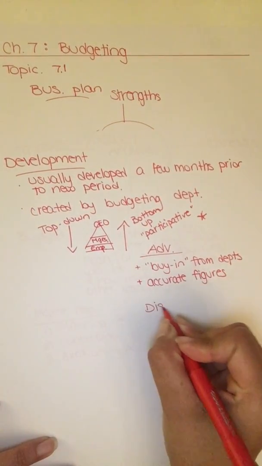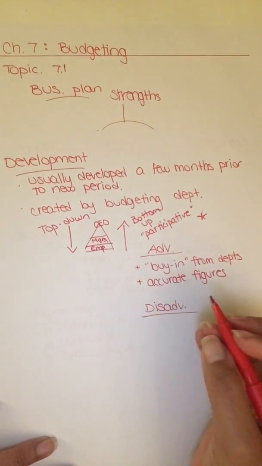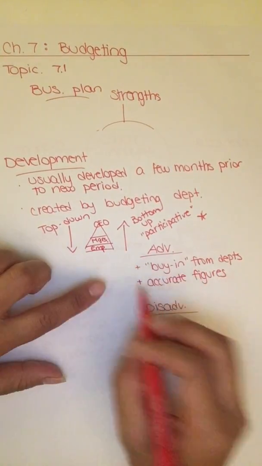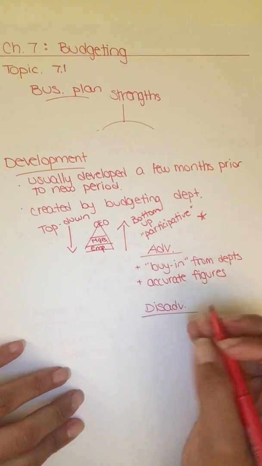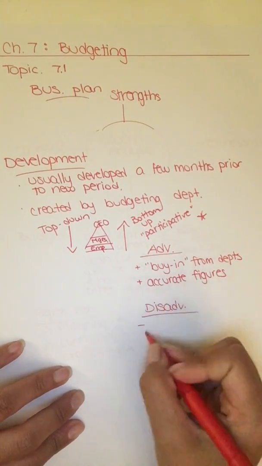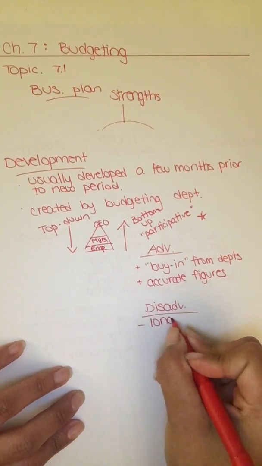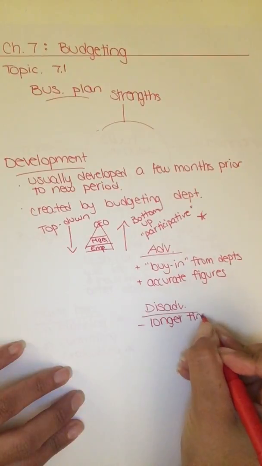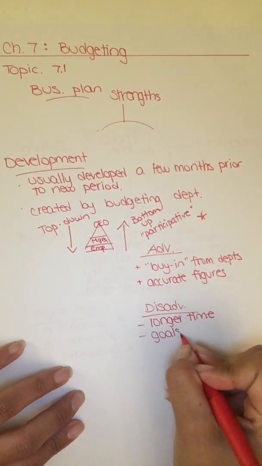What are some disadvantages of using a bottom-up approach to budgeting? It takes a longer time because now you have to consult with all the different departments and find out what they need, right? So a disadvantage, put a little minus sign there. Disadvantages: it takes a longer time to prepare. Also, the goals may not be aligned.